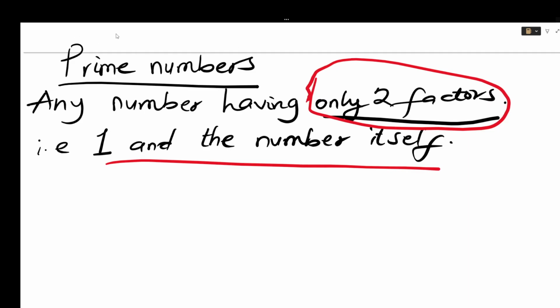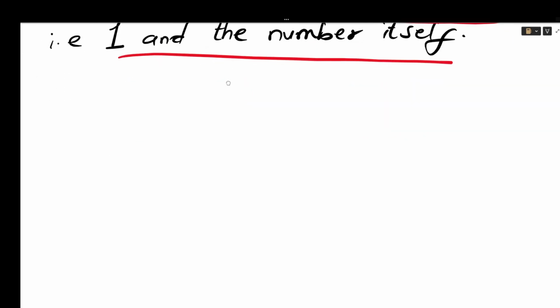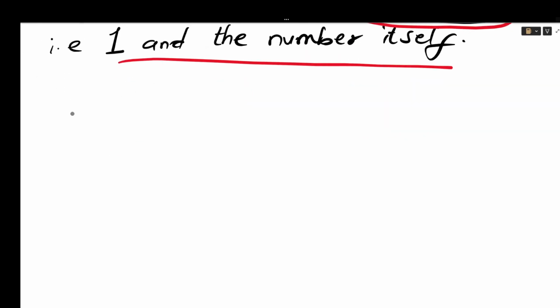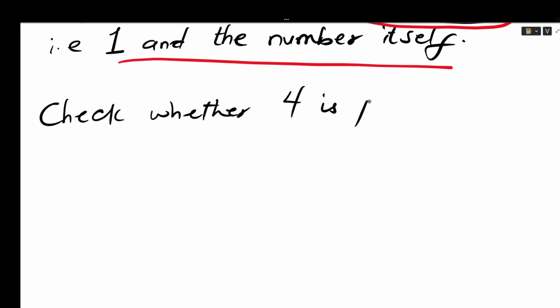Given the number 4, let's check whether it's a prime number or not.